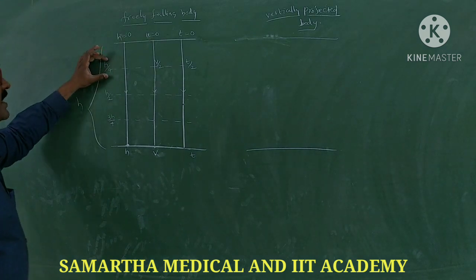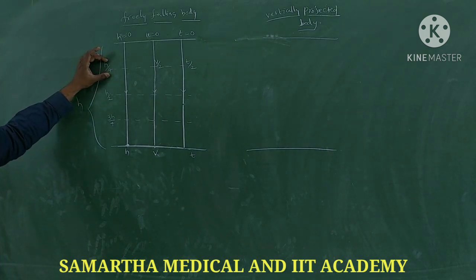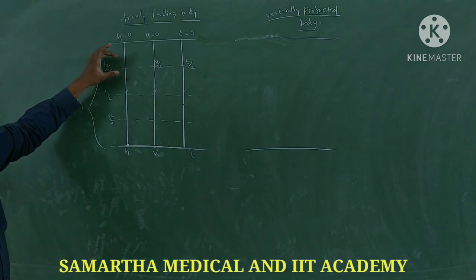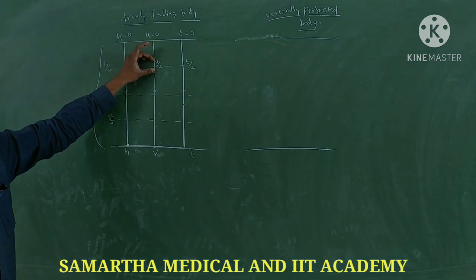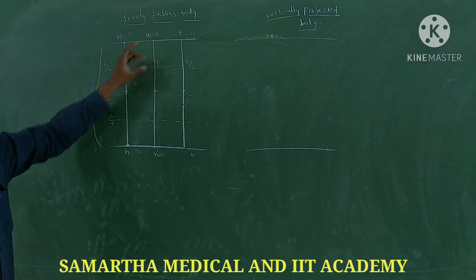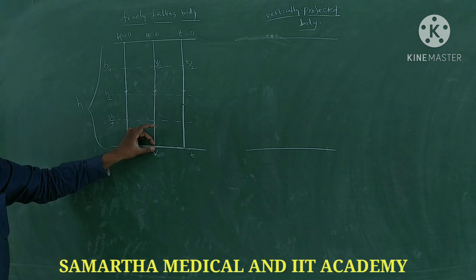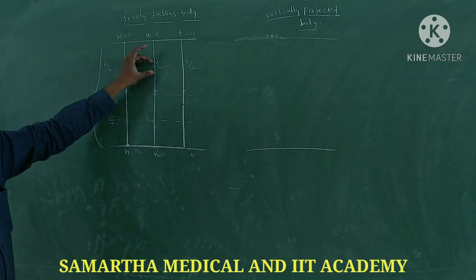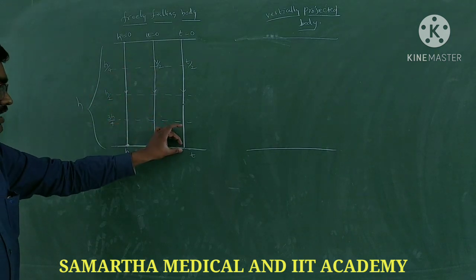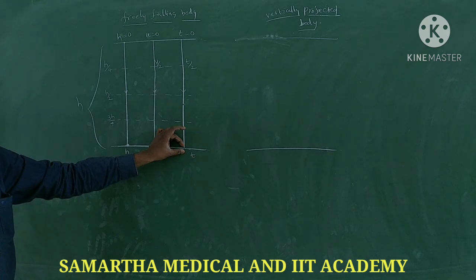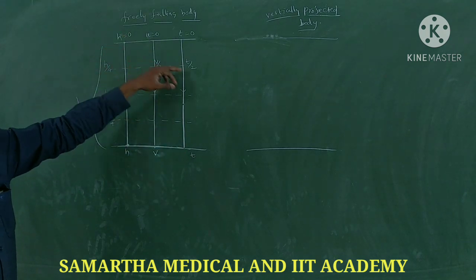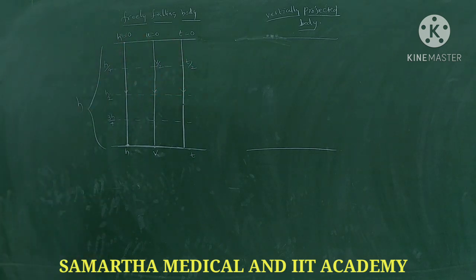At a height h by 4, velocity of the body is v by 2, half of the velocity when it hits the ground. If it takes time t seconds to reach the ground, to travel h by 4 it takes a time of t by 2.